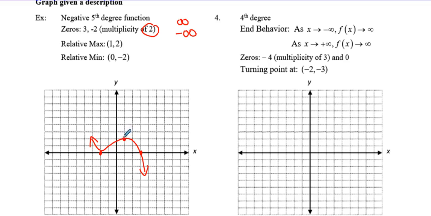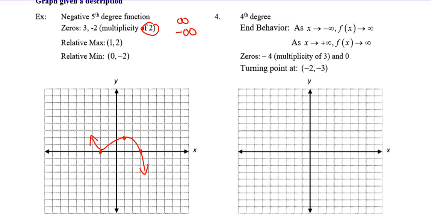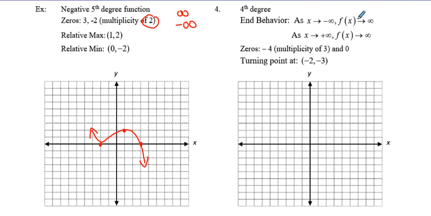Relative max of 1, 2, relative min of 0, -2. So there's your graph. Alright, so try to use that same kind of technique and try to graph number 4 here. Pause the video, give it a shot, and when you're done, come back and check your answer.